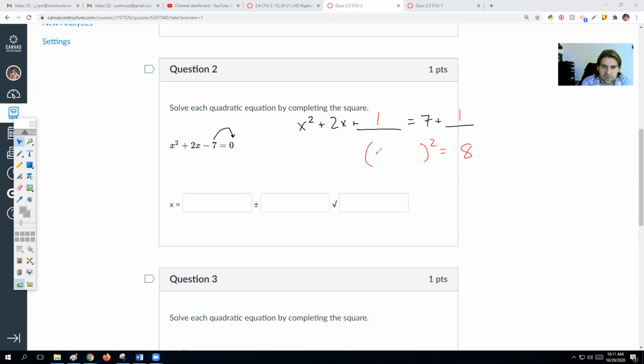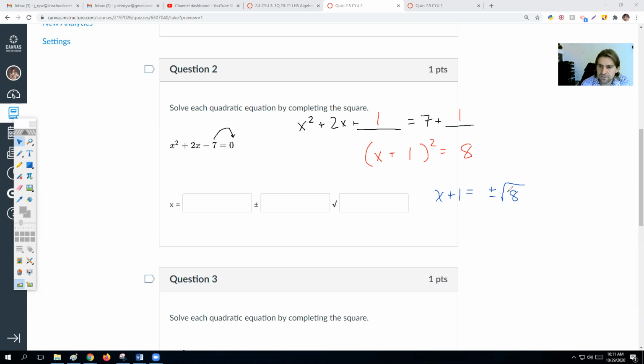I know it's going to be 8 over here. What's going to go in here? The square root of x squared is x. Plus sign in the middle, and the square root of 1 is 1. To solve this, we're going to square root both sides. We get x plus 1 equals plus or minus the square root of 8.